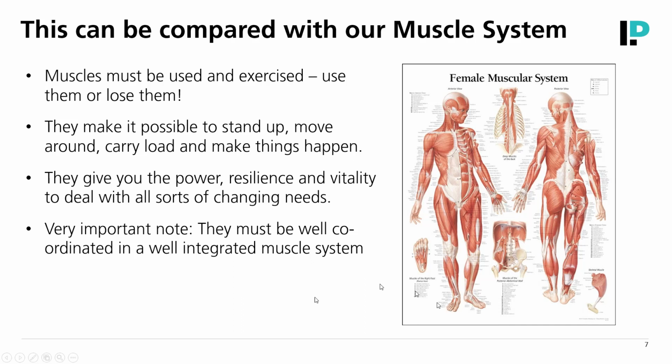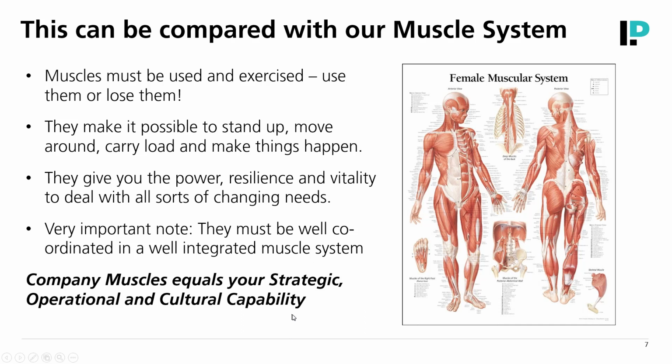So in the assessment that you will do, it also looks at how well coordinated and how well integrated your things are. Could it be that you are very strong on one part or one dimension, but weak in another dimension, and therefore you will not get the power out of it because it's not integrated? It's another muscle that needs to be trained. So that is also an aspect of this.